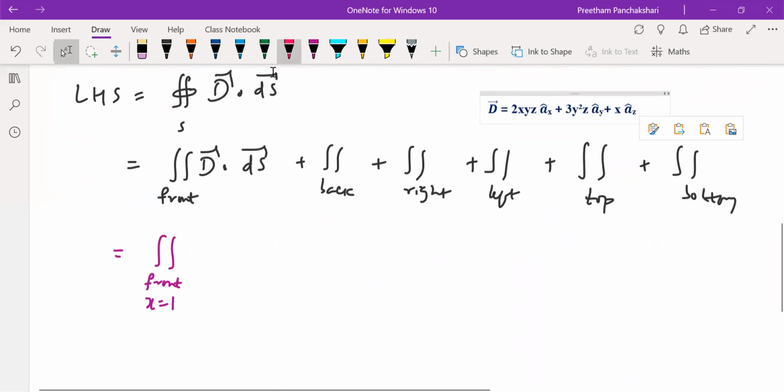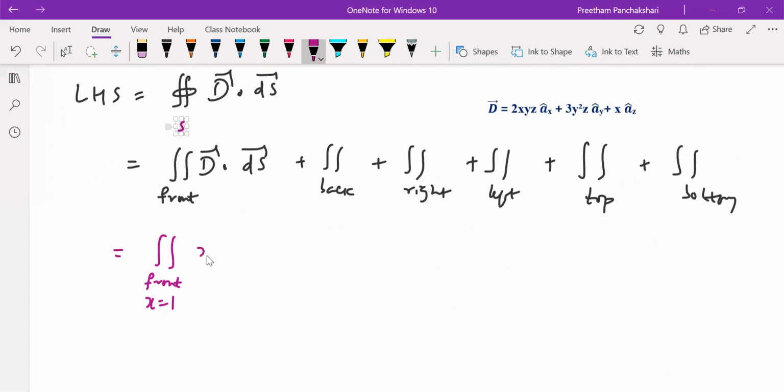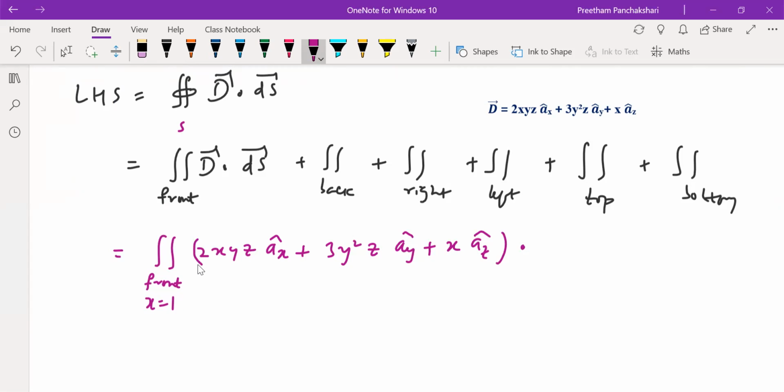Okay, let's copy D here. So on the front face, D is 2xyz a cap x plus 3y square z a cap y plus x a cap z, dot dS.